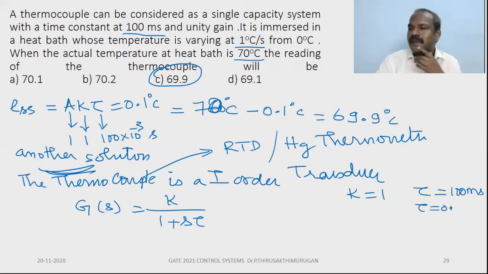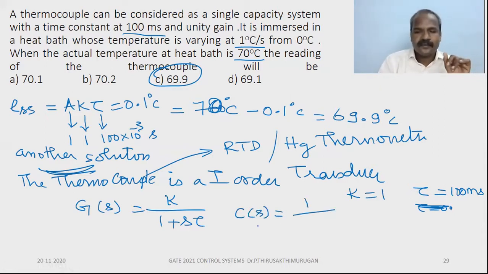So C(S) by R(S) equal to 1 by 1 plus 0.1 S. Convert this time constant form into pole zero form: taking 0.1 outside, it is 10 divided by S plus 10.